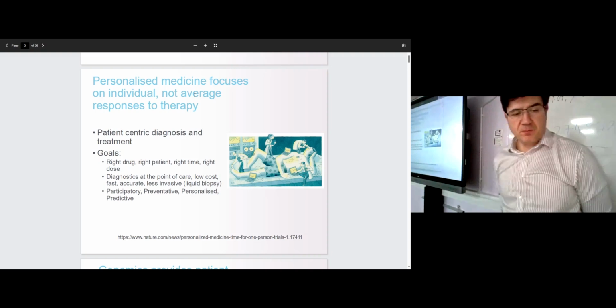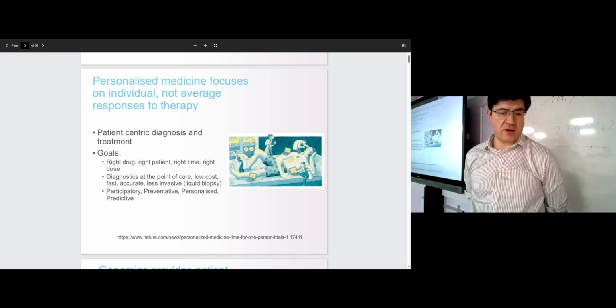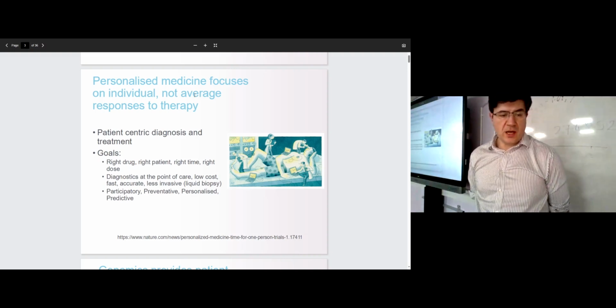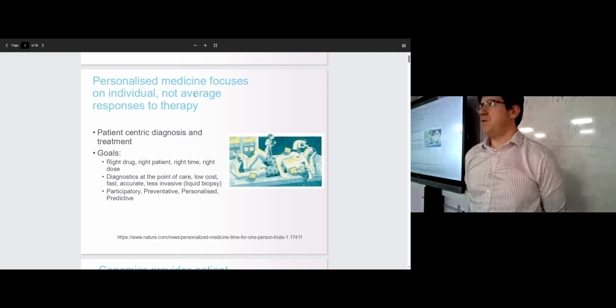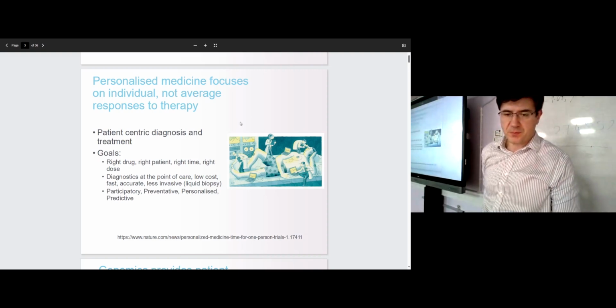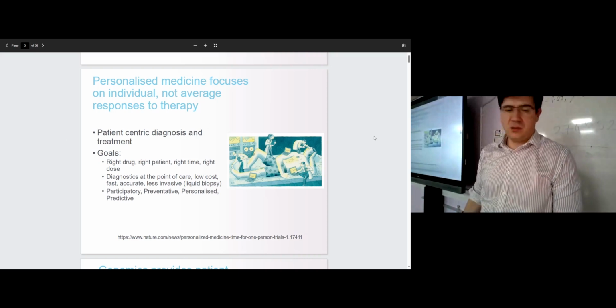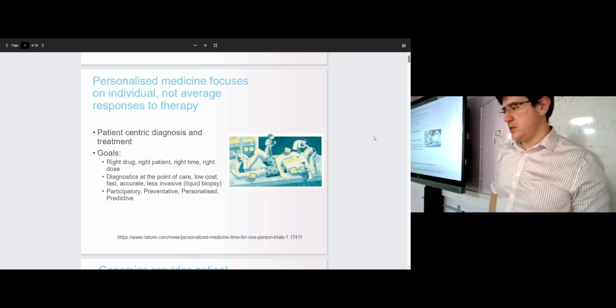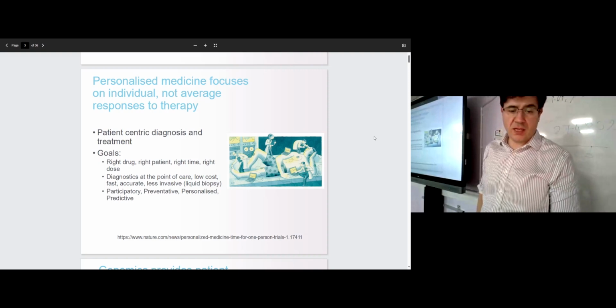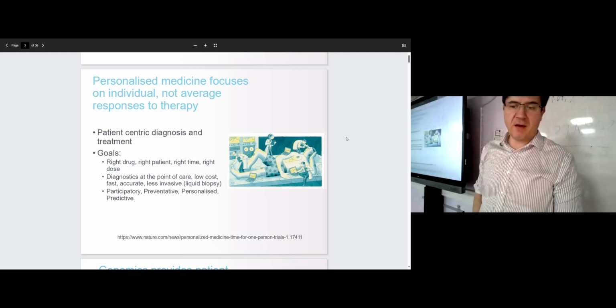The idea is that we can give each patient the right drug at the right time with the right dose, and then this idea of P4 medicine: participatory, preventative, personalized, and predictive. And it's very much data-driven: genetic data, symptoms data, historical clinical reports, all data about the patient. So how can we leverage this data to help patients have better health care?